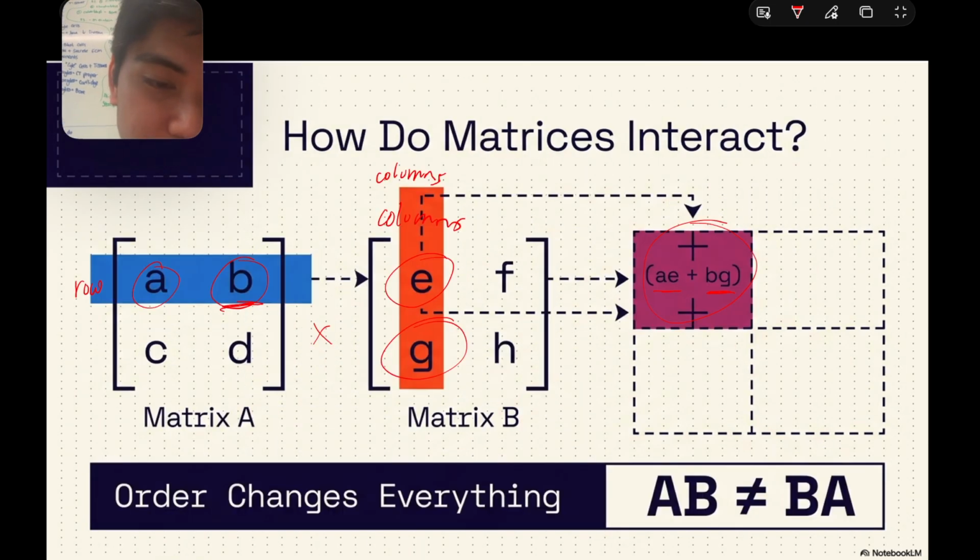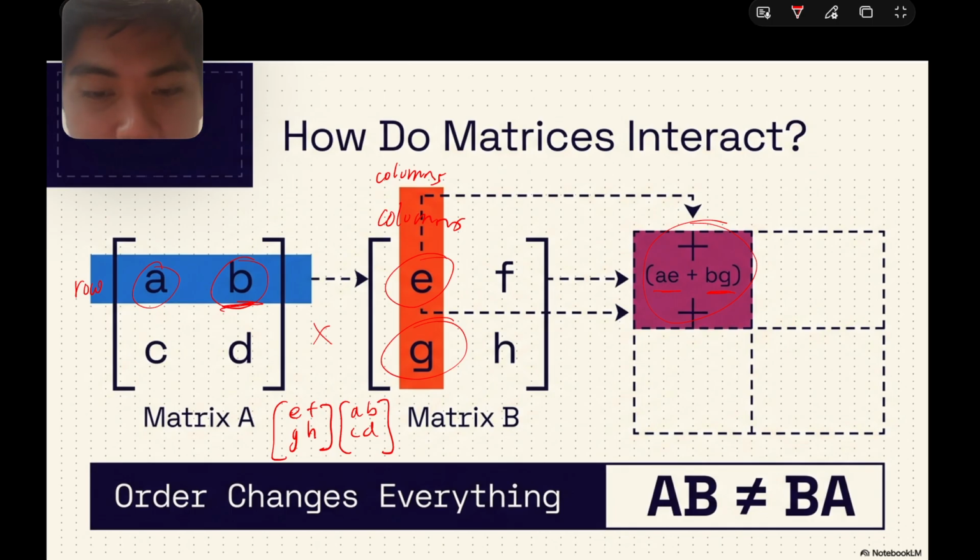Let's say we did E, F, G, H multiplied by A, B, C, D. It may look the same because we're just swapping the order, but it matters, because now our top left corner is going to be row 1 multiplied by column 1. So that's going to be A, E at the top still, which is the same.